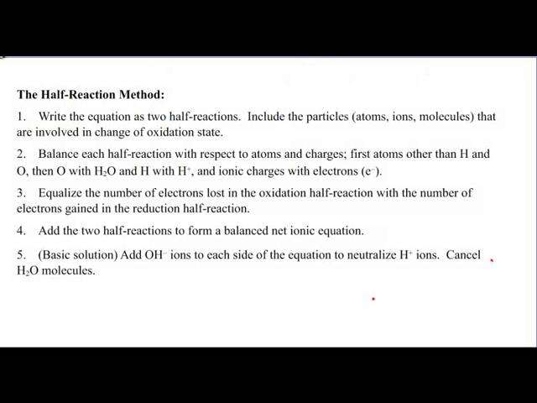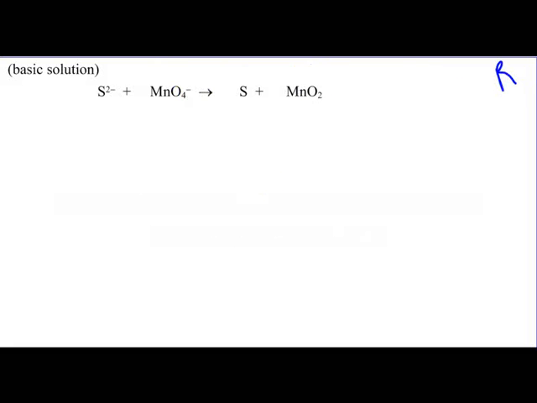Now, the basic one takes one more step. After I add the 2 half reactions, I add hydroxides on each side to neutralize the H pluses and then cancel water molecules. So let's take a look at what that looks like. Alright, so I have an S2- becoming an S0, so we need 2 electrons here, right?